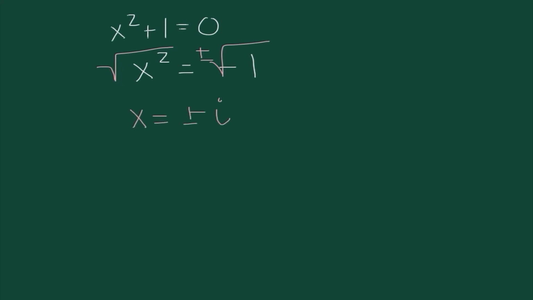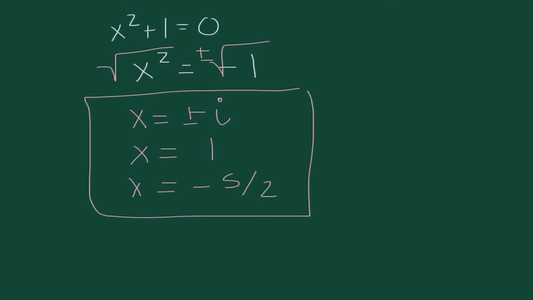So I get x equals plus or minus i. So my answers here are going to be x equals plus or minus i, x equals 1, and x equals negative 5 halves. Now, it makes sense. I have 1, 2, 3, 4 answers. And if we look back at our original function, it was x to the 4th.